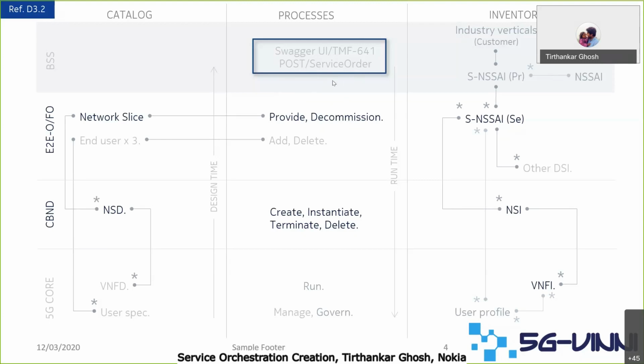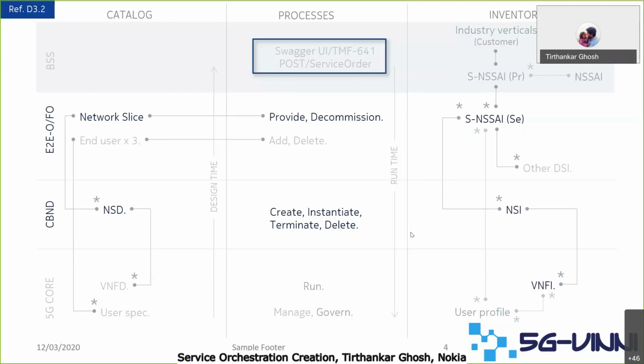That will come into Flow One, and Flow One will do the provide part of it, which will eventually trigger creation of the network services and then instantiate them.